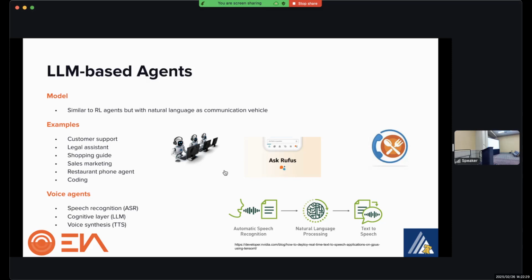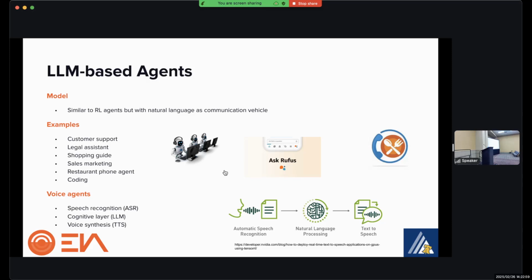There has already been a lot of development in LLM-based agents. In customer support, for example, we have seen a lot of companies developing LLM-based agents to automate customer service, and developing agents as legal assistants that help lawyers prepare documentation and do paralegal work.